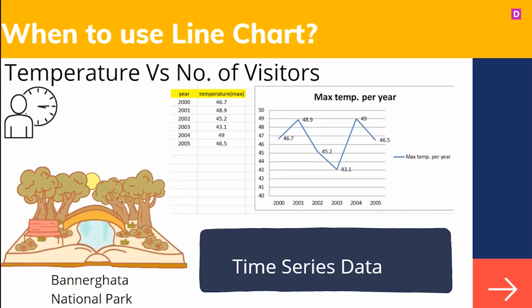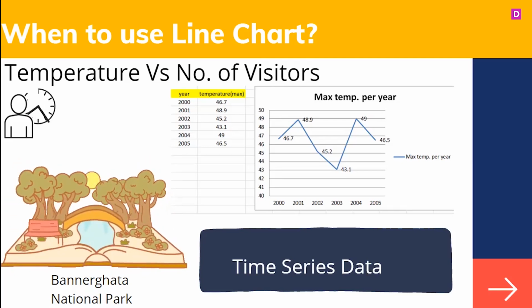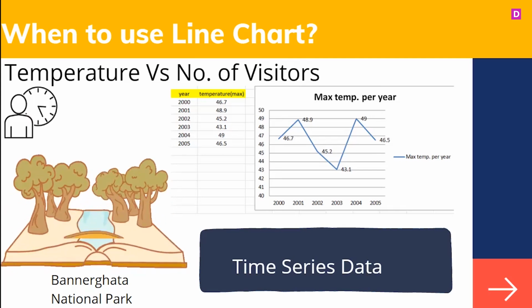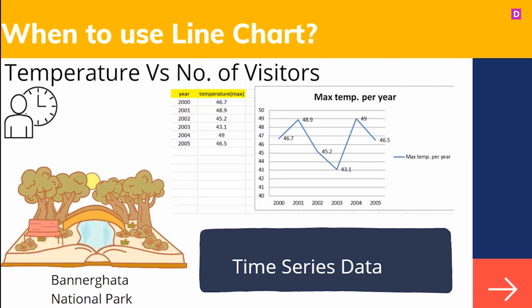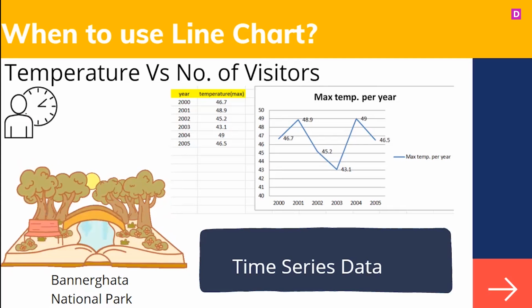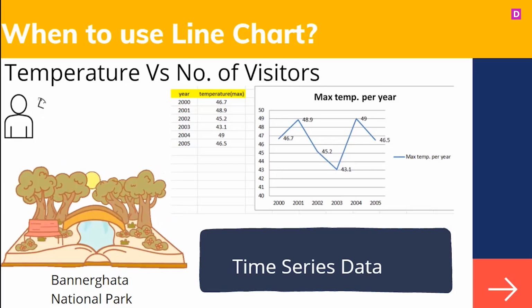If you have to identify all of these things, see, a novice will not understand that just because of the monsoon, the people are not turning up to the national park. But the visualization will definitely help one understand that there was a monsoon, and because of this reason the people haven't turned up. That's the whole idea. So whenever we want to find out the trends or the patterns in the data, a line chart is an ideal choice.